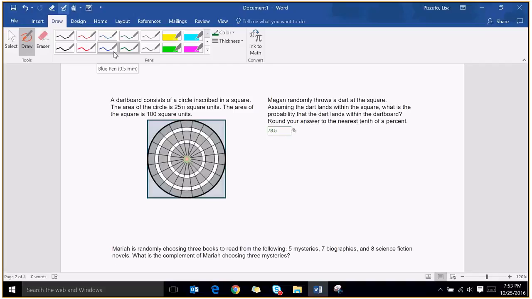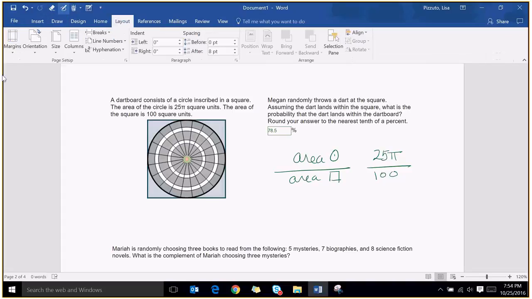So you're taking the area of your circle and dividing it by the area of the square. Your area of your circle was 25 pi and you're dividing it by 100. Yeah, I got 78.5. Correct. Okay, that makes sense.